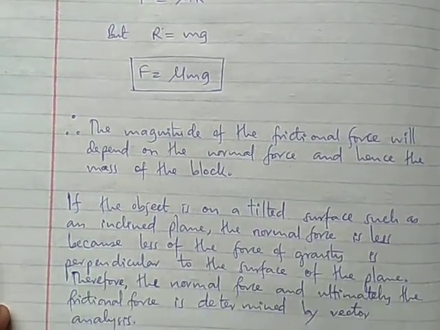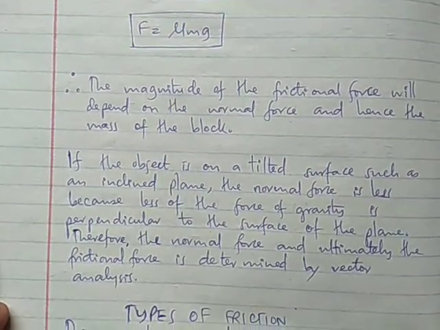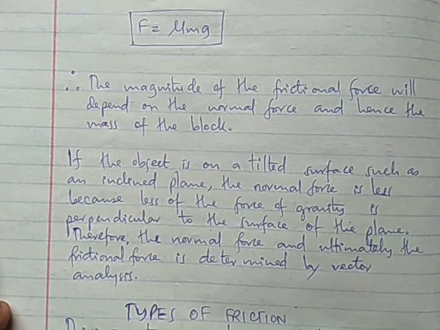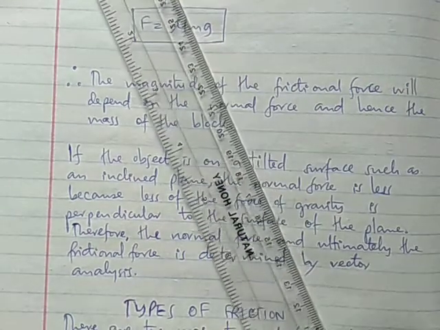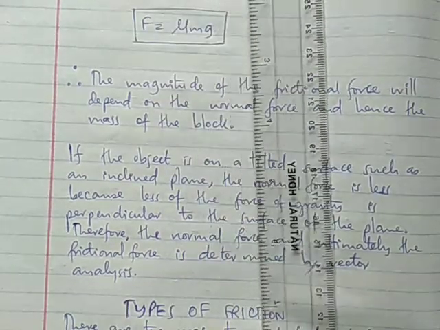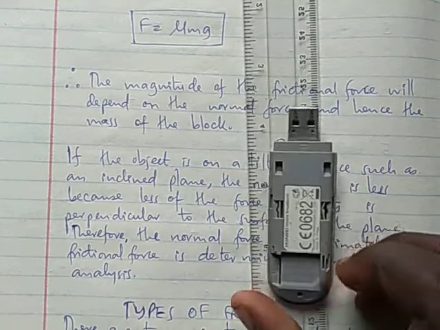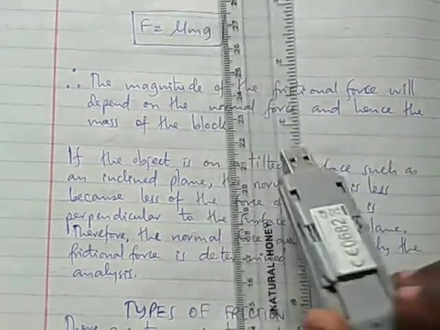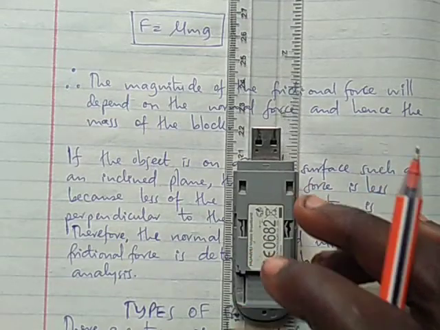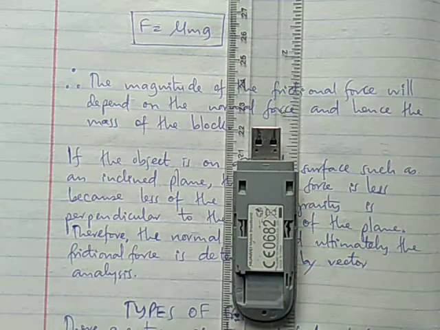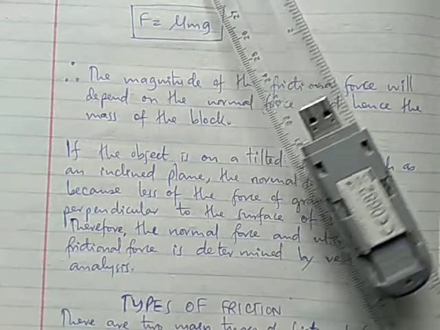Now, if the object is tilted over the inclined plane, what is an inclined plane? I know you have studied it in your form 2 physics, somewhere in machines. Now in this topic we are going to repeat what you discussed in your form 2 physics.